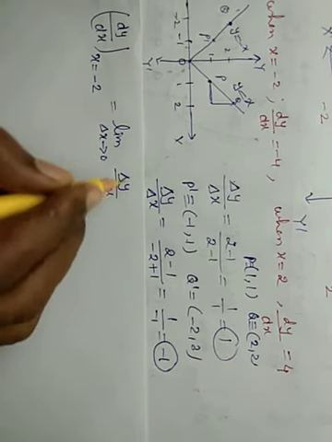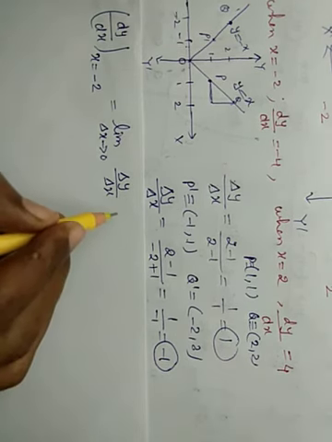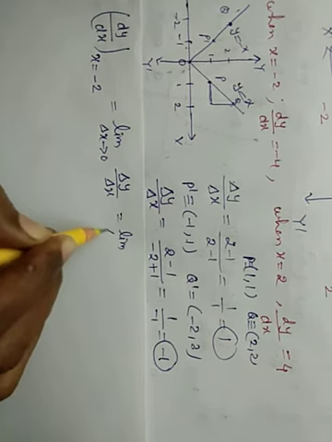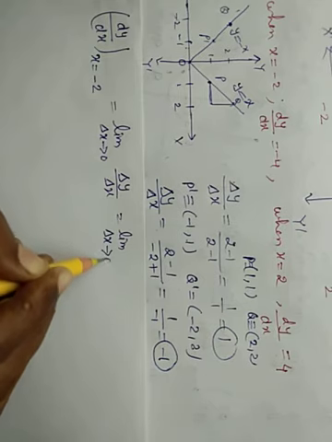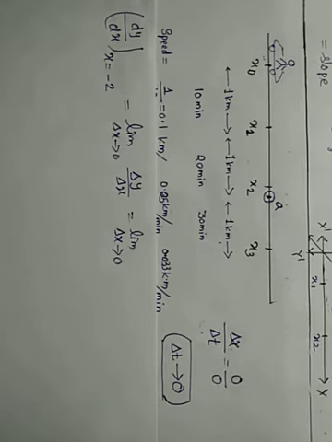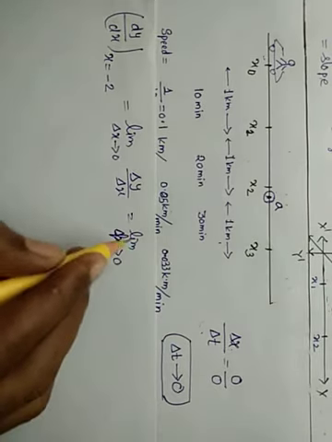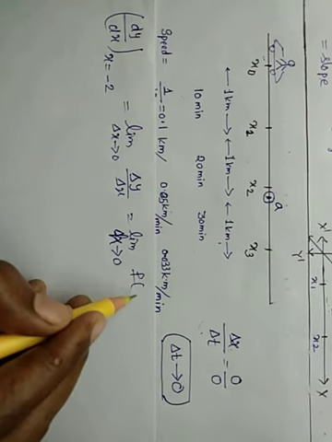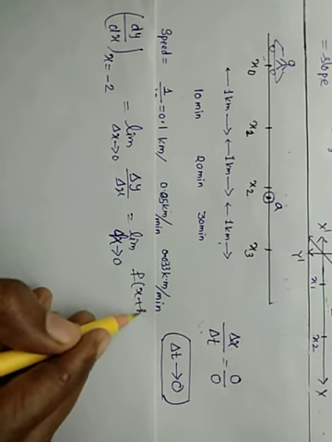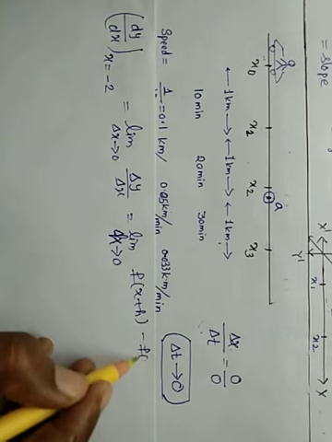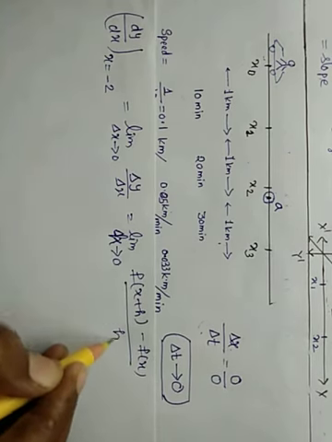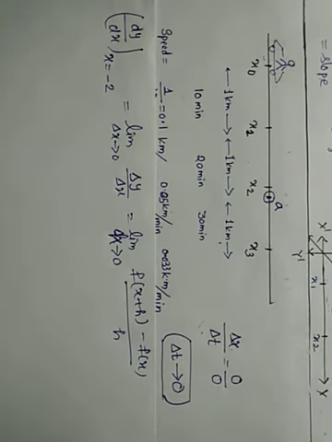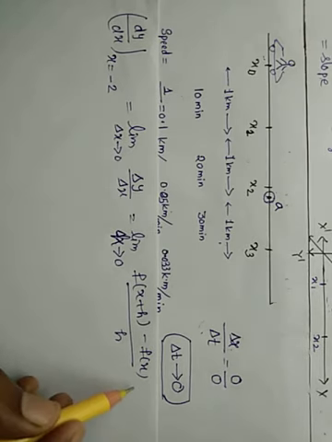In the first case we got the limit h tends to 0, f of x plus h minus f of x upon h, and we got 2x.